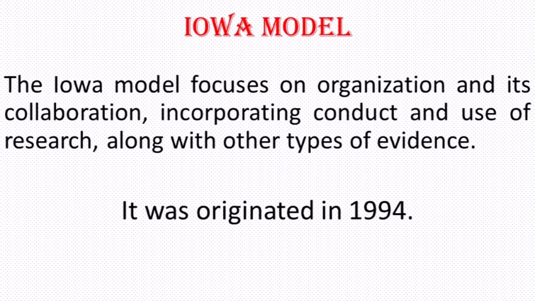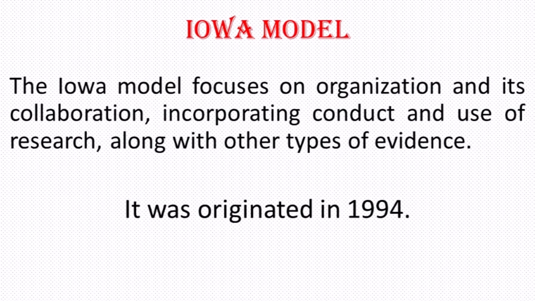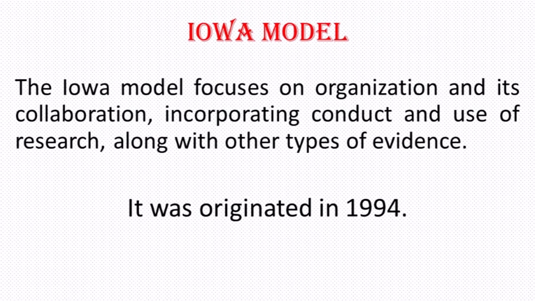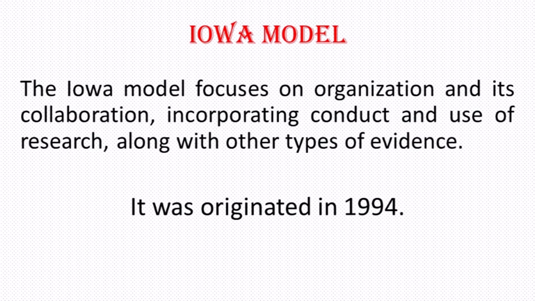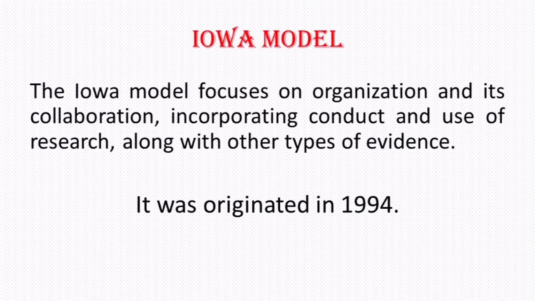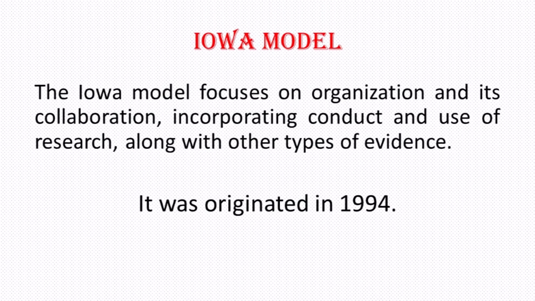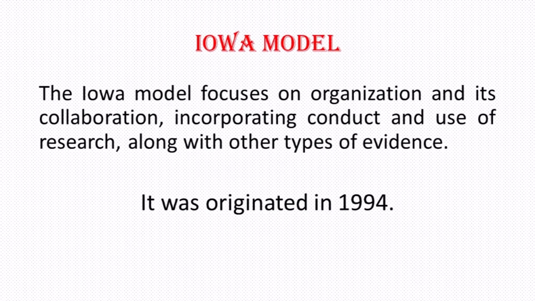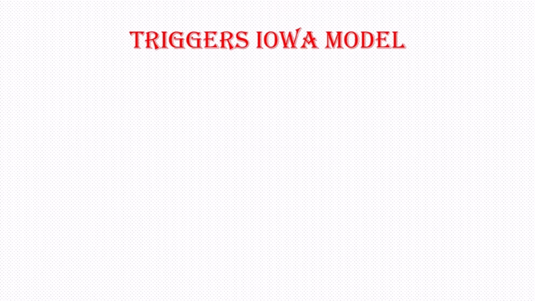The Iowa model originated in 1994 and it focuses on the organization and its collaboration, incorporating the conduct and use of research along with other types of evidences. The Iowa model is developed on two main triggers.